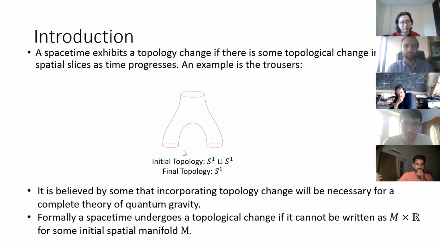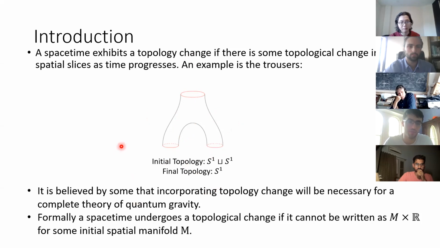If you consider time going along the vertical axis, then a spatial slice would be a horizontal cross section. At the start, there are 2 copies of the circle, and if you go past here, you've got 1 copy. So they're topologically distinct. That's an example of a topology change.